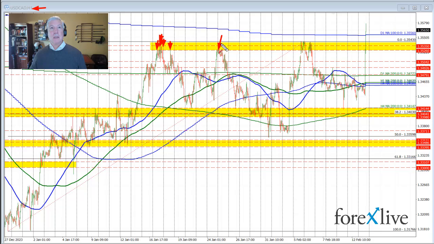You can see the number of different times that the price came up to test that area, including last week, where we had three different times with price testing the high of that swing area near 135.43. The swing area comes between 135.26 and 135.43, and you can see the price has surged above that level.